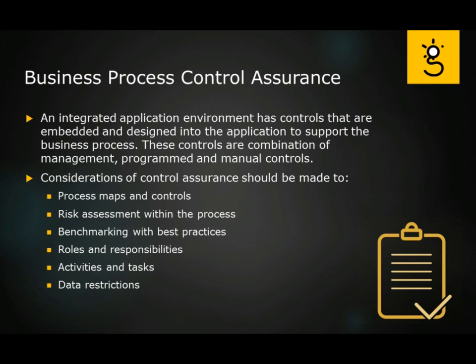In other words, was there an actual plan about how the process was going to work? What risk assessment was done with the process? Did they have any benchmarking with best practices? Who is responsible? What are the roles and responsibilities? What activities and tasks are done? And are there any restrictions to the type of data that's going to be put in?